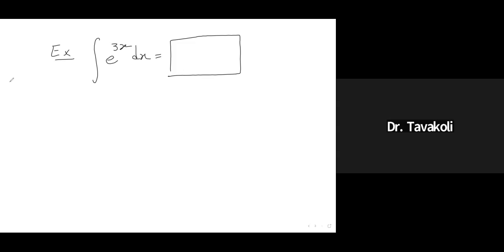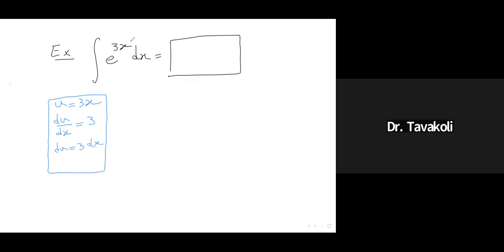So the exponent here is 3x. Let's let u be 3x. The derivative of u with respect to x is 3. In other words, du is 3 times dx.